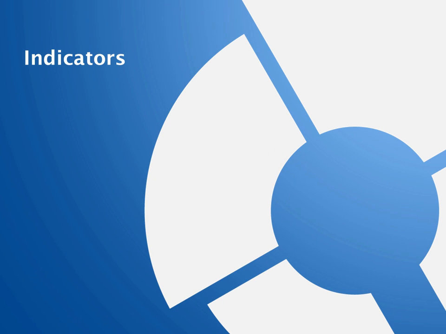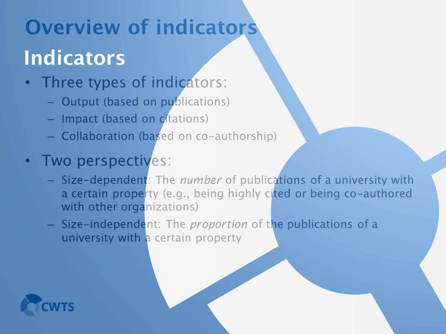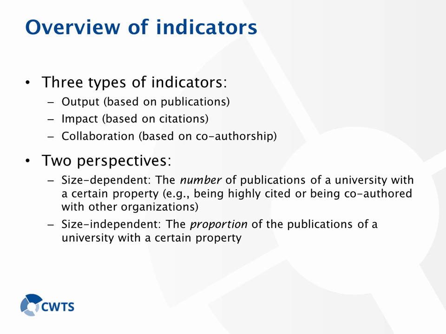I have now discussed the data on which the Leiden ranking is based. I will proceed by explaining the indicators included in the ranking. The Leiden ranking includes 3 types of indicators. Indicators of output, calculated based on publications, indicators of impact, calculated based on citations, and indicators of collaboration, calculated based on co-authorships.